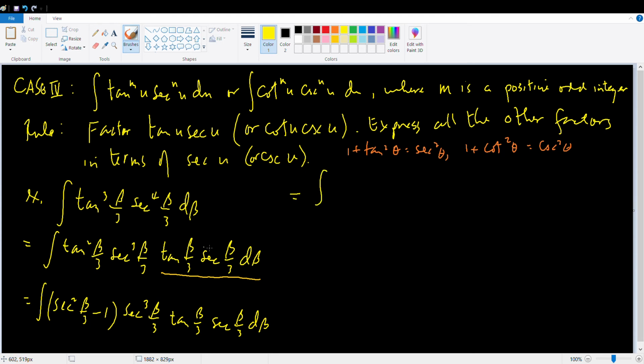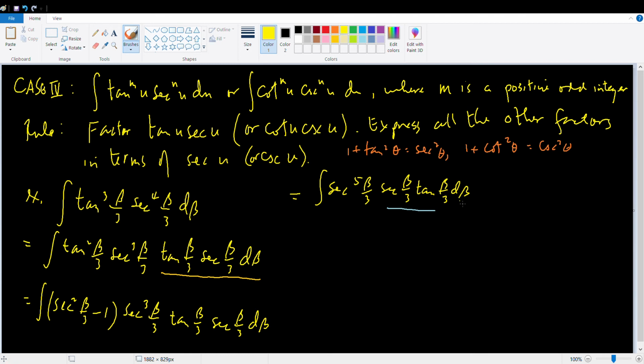We'll write this into two integrals. Secant squared times secant cube is secant to the 5th, beta over 3, secant beta over 3, tangent beta over 3 d beta. So do not combine back secant to the 5th, no? We are preserving the association between secant and tangent. So let it remain as 1.